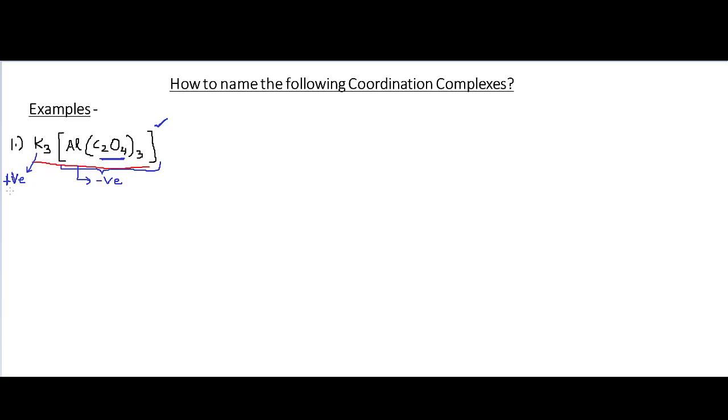The positive part is the potassium, which is outside the coordination sphere, so potassium will be named first, as such. Then we enter the negative sphere, that is the coordination sphere.